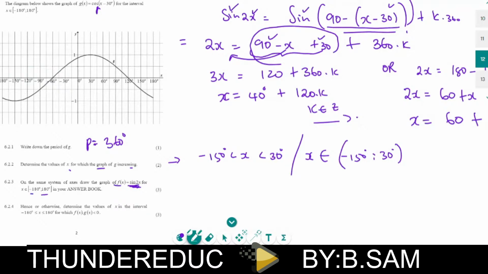And then I get my table. So with this table of mine, negative 180 is giving me a 0. So that point there.